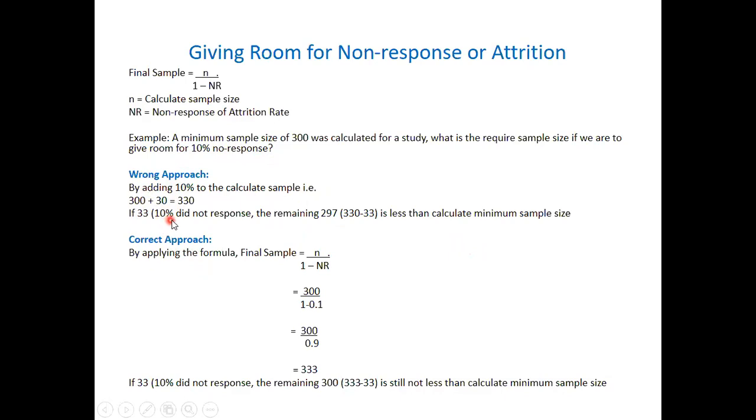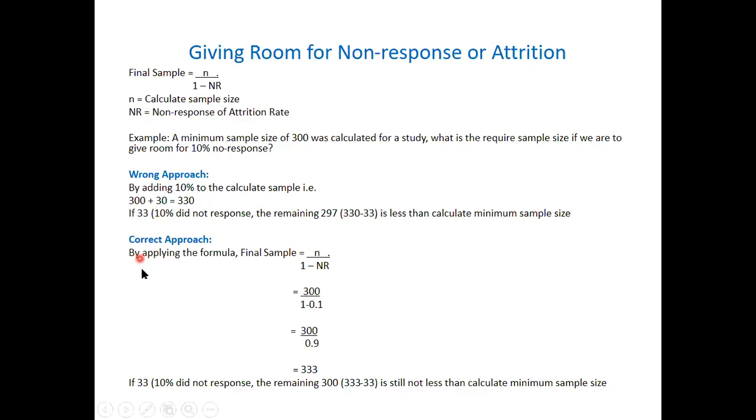So if 10% of this 330 go, 10% of 330 is 33. If it goes, what remains, maybe in the field, if 10% non-response or attrition happens, you see that what you have left is 297, which is less than the calculated minimum sample size.